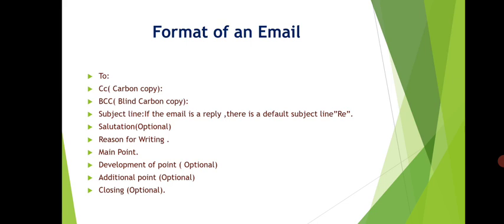If you are sending a mail to a person, you provide that person's email address in To. Whereas if you want to share the mail with another person, you provide the email address of that person in CC.